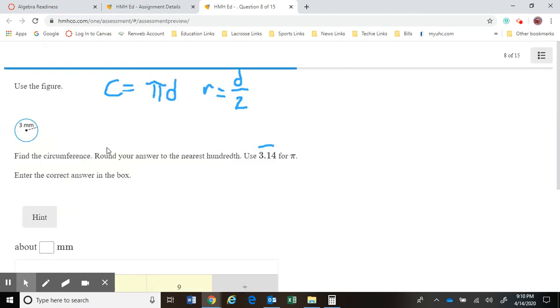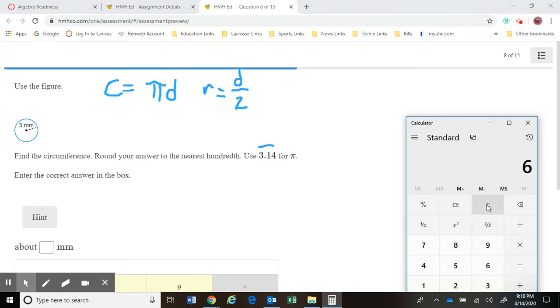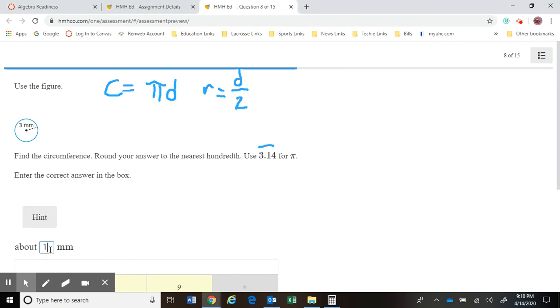Next question. Almost through these. Again, what does 3 represent? Your radius. So what do I need to do? That's right, double it. So instead of 3, I have 6. 6 times 3.14. What do I get? 18.84.